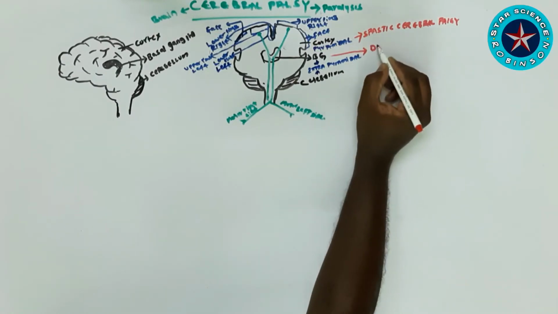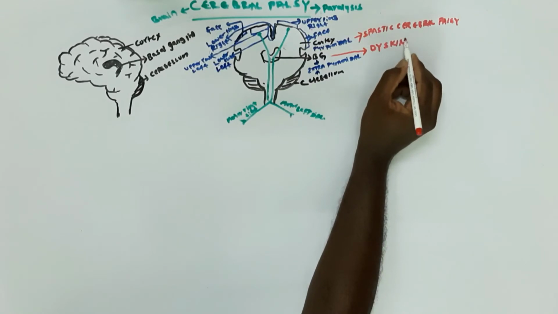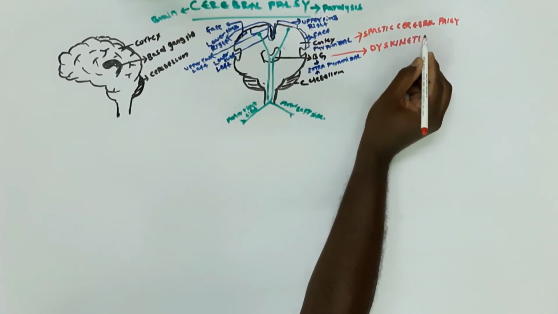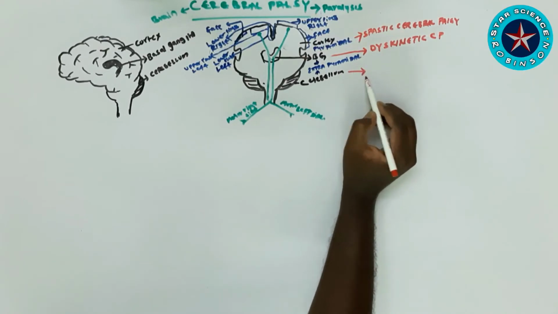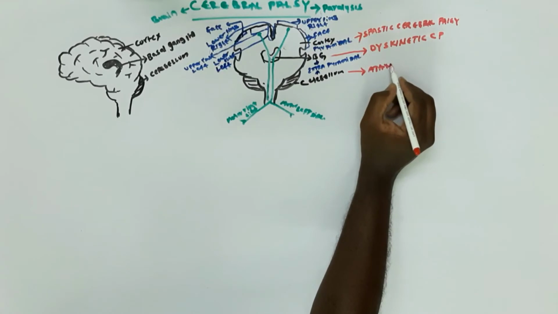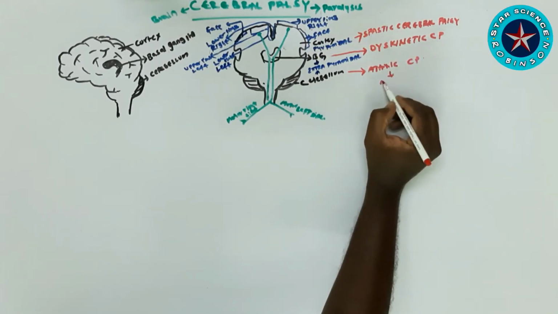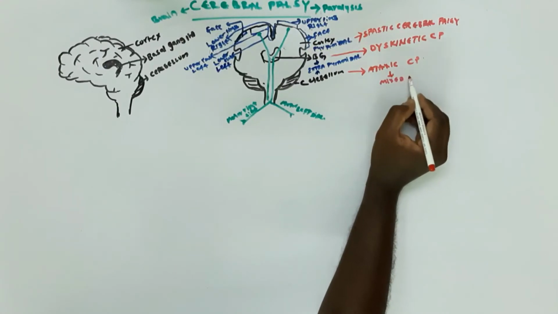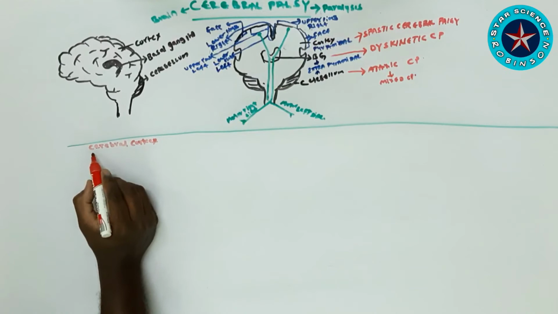The extrapyramidal from the basal ganglion is dyskinetic cerebral palsy. The cerebellum, also extrapyramidal, is ataxic cerebral palsy. These are the things we have to remember.